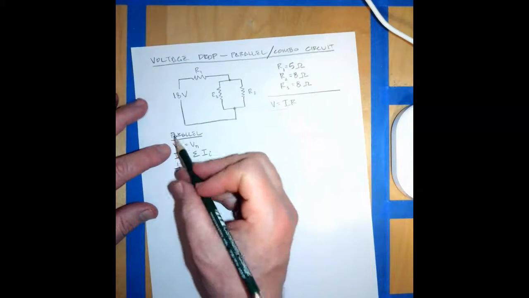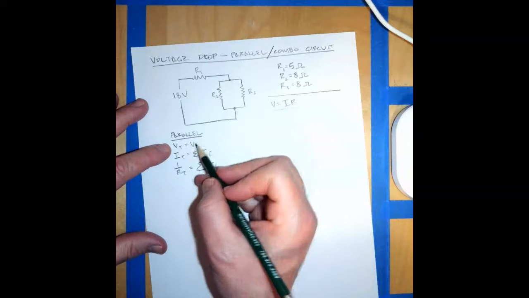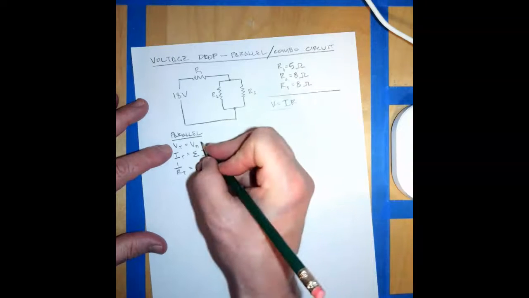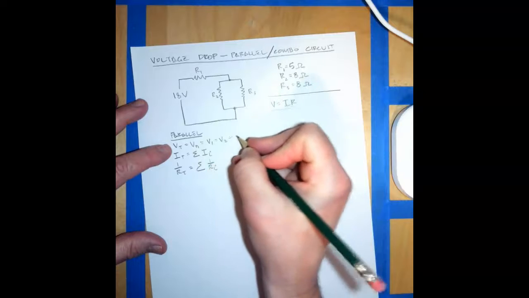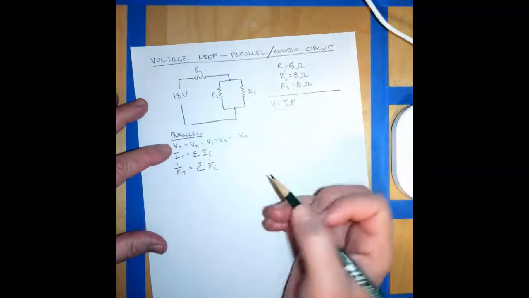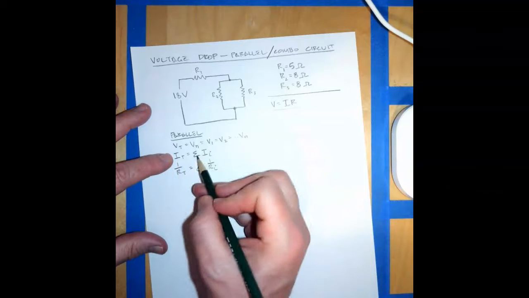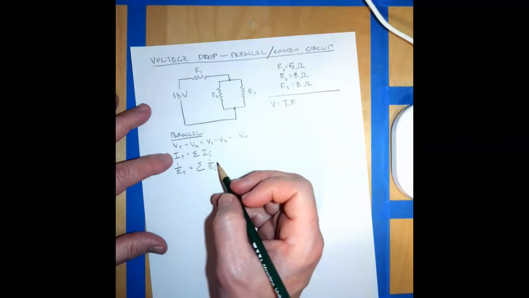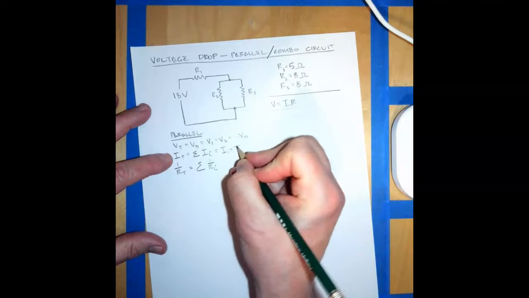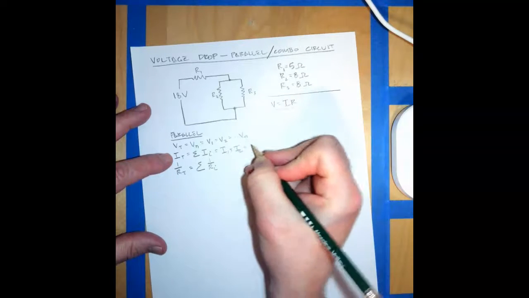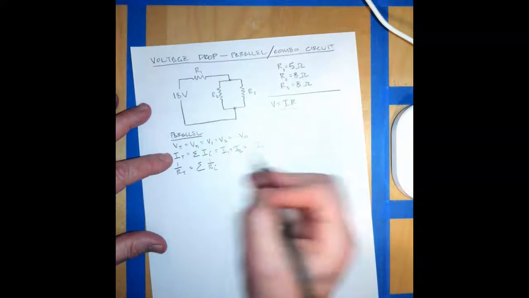So in a parallel circuit, the total voltage is equal to the voltage at any point. V1 is equal to V2 is equal to Vn, right? They're all the same. The total current is equal to the sum of the individual currents. All right, so that means that I1 plus I2 plus ... IN is equal to the total current when we add all those up.